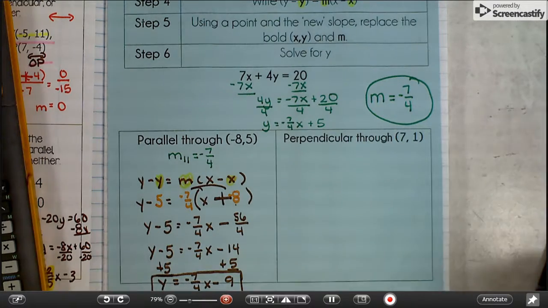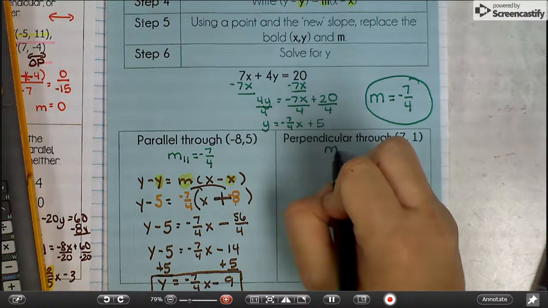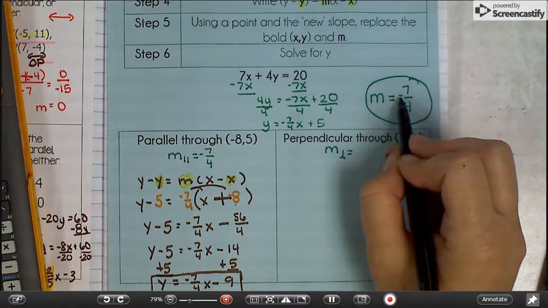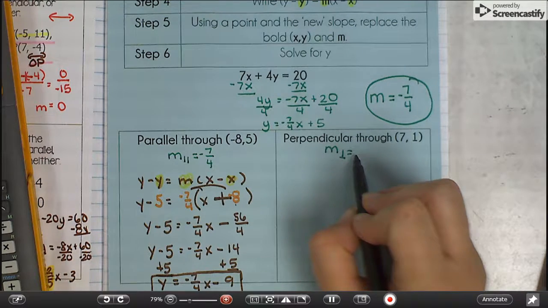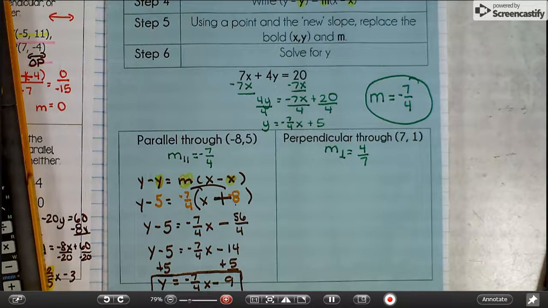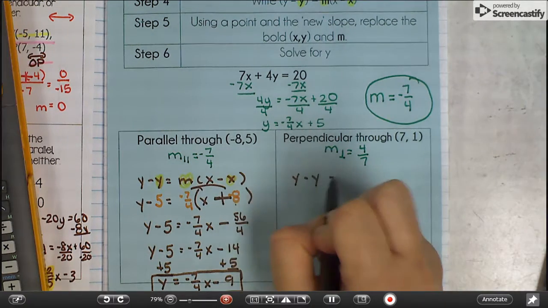As far as perpendicular, first we need the perpendicular slope. Perpendicular slopes are opposite, so since this was negative, we're going to be positive. Reciprocal, so we're going to flip this. 4/7. Write the equation in point slope form.